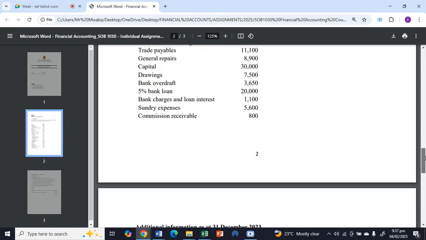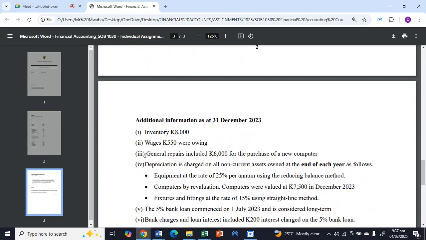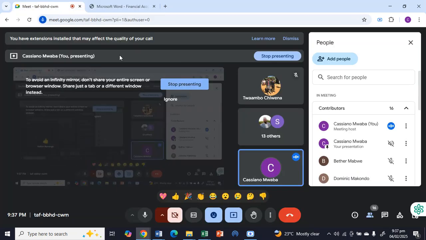Okay, the next adjustment they've told us: general repairs included 6,000 for the purchase of a new computer. So colleagues, this is where I have to introduce you to capital expenditure and revenue expenditure. Capital expenditure is the money that you spend for buying assets, and anything that is included when you're buying the asset.